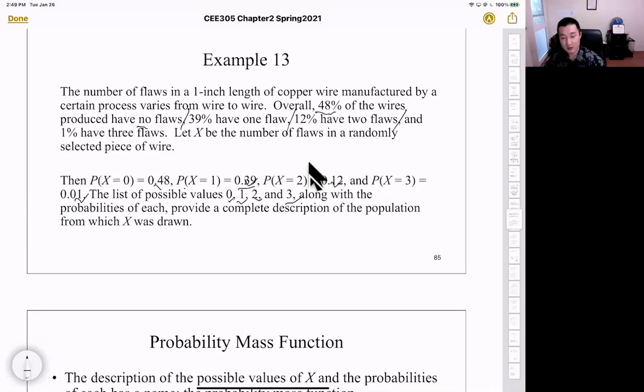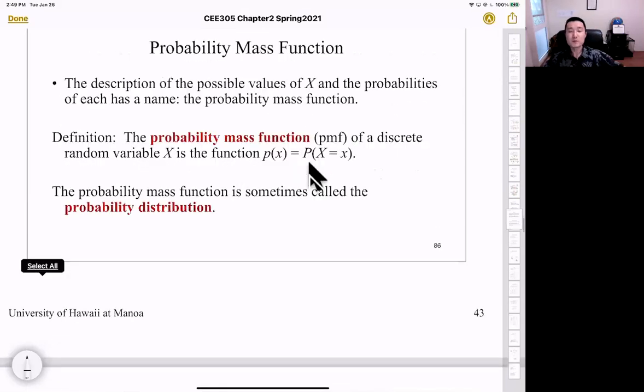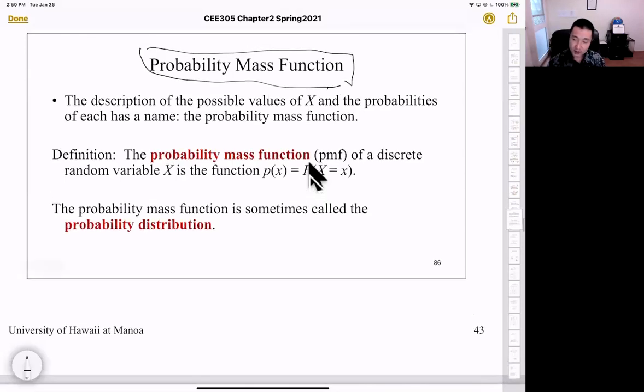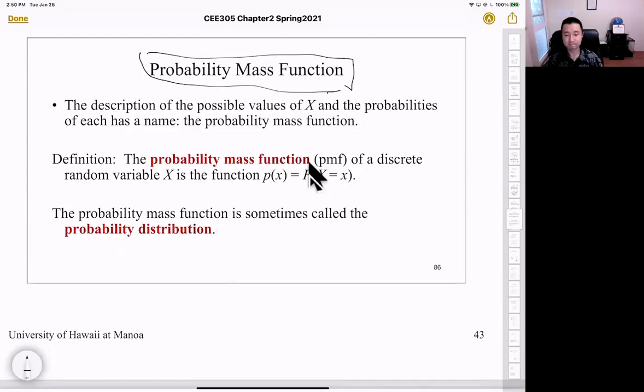Okay, and we have a special name, a special definition for that. It is called the probability mass function. The description of the possible values of X and the probability for each has a name: probability mass function, or PMF.